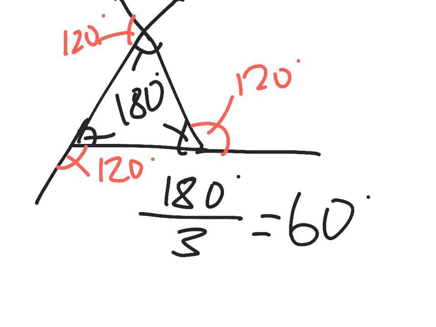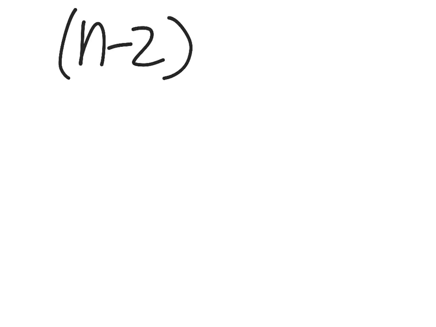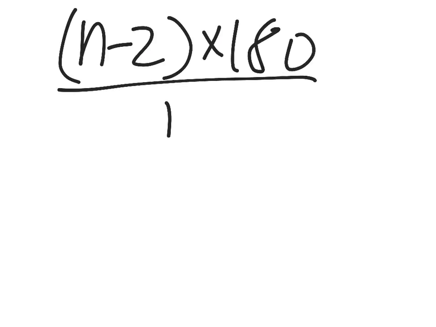Another way to figure this out right away is to plug it into the century formula, which is n minus 2 times 180 divided by n, which is what we used right now. So another example of this whole thing would be a hexagon.